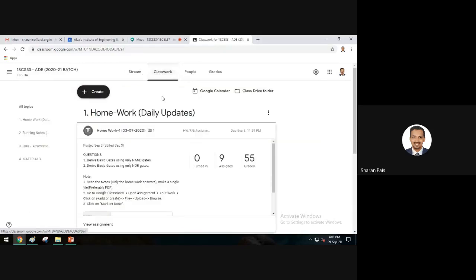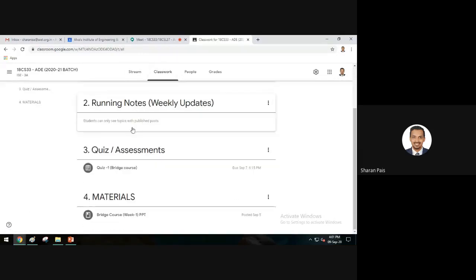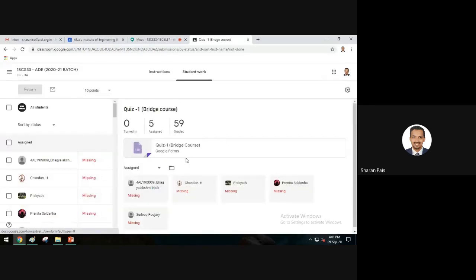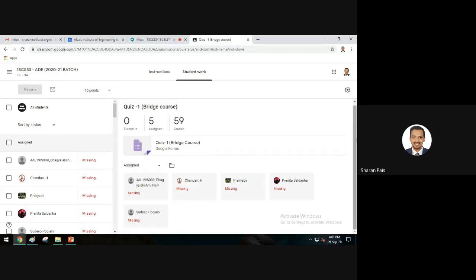So next, one more is your quiz. I guess five students didn't give the quiz. The remaining, I guess you got the marks also, whatever you got out of 10. So Bhagyalakshmi, Chandan, Prakyat, Pranita Saldana, Sudeep Pujari.